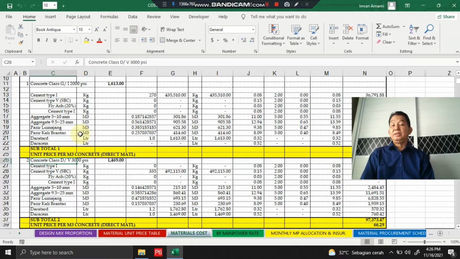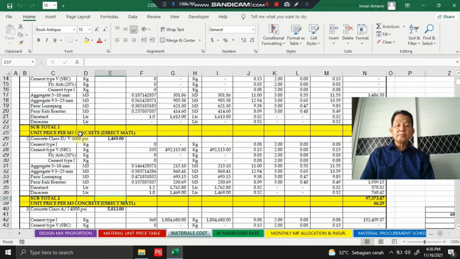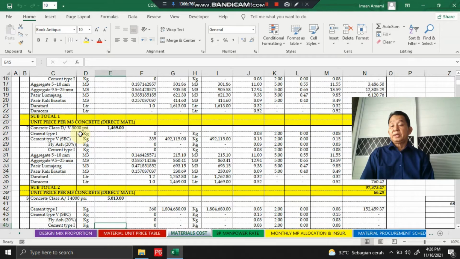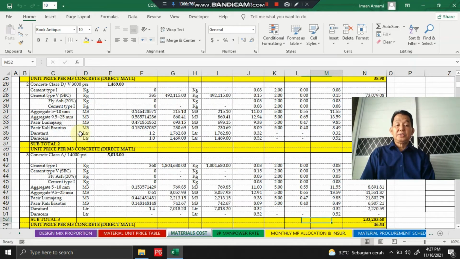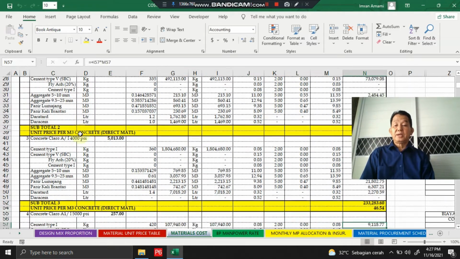This is for class D type 5 with strength 3000 psi, and the price is here, and this is the unit price. Also for concrete class A type 1 with strength 4000 psi, this is the total price, and this is the unit price.